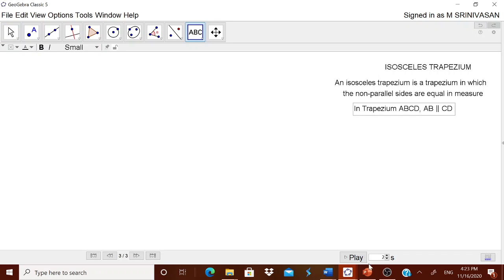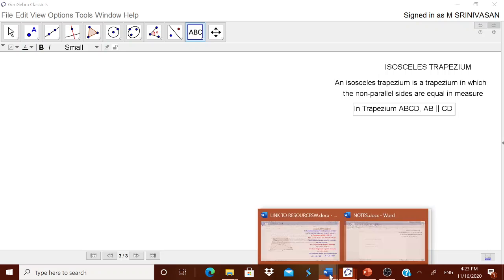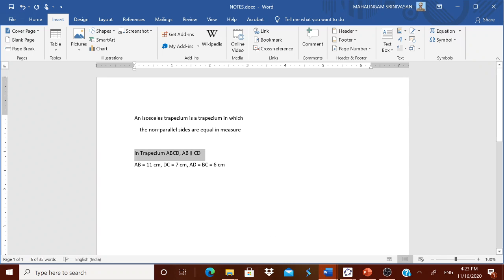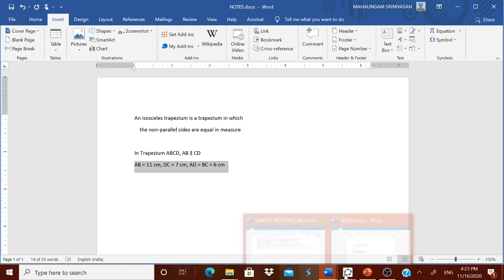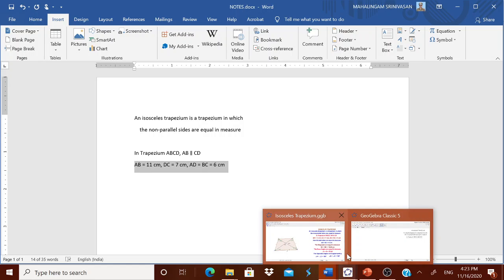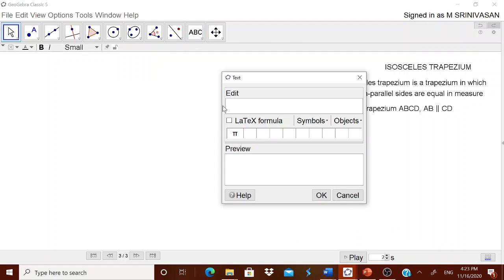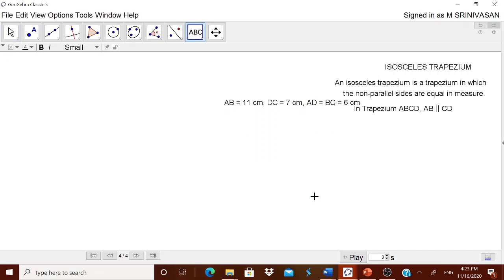And let us have some measures which tells that the non-parallel sides are equal. For AD and BC are non-parallel sides because AB and CD are parallel. For the other two sides will become automatically non-parallel. Therefore, we are taking the non-parallel sides as equal.